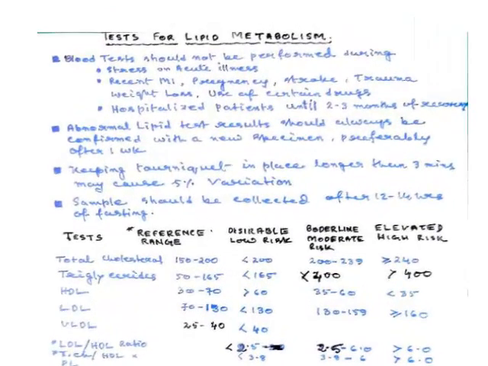So we recapitulate first what are the tests we require for assessment of a particular person's lipid metabolism, mainly whether there is any risk of atherosclerosis associated with some disease, as I have already mentioned, diabetes, hypertension, hypothyroidism. So what are the tests we require to conduct? Routinely we require total cholesterol, triglyceride levels, LDL, VLDL and HDL levels.